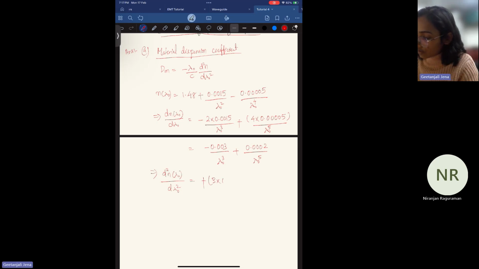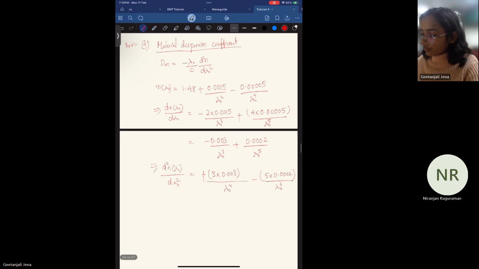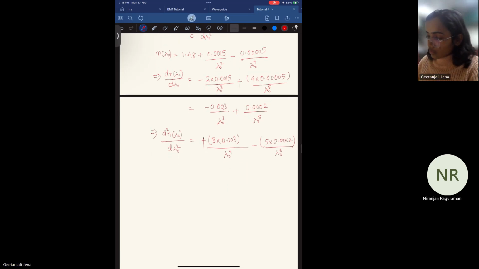So this is 3 into 0.003 over lambda 0 to the 4, and this will give a minus 5 into 0.002 over lambda 0 to the 6. So this is 0.009 minus 0.001.